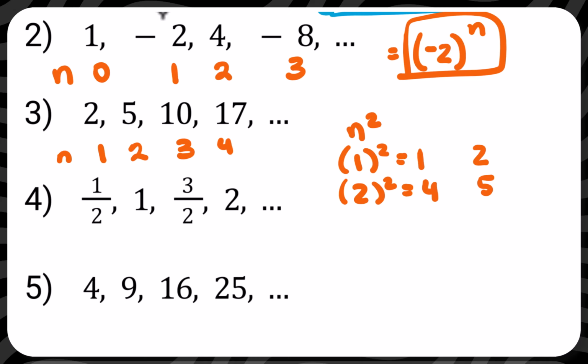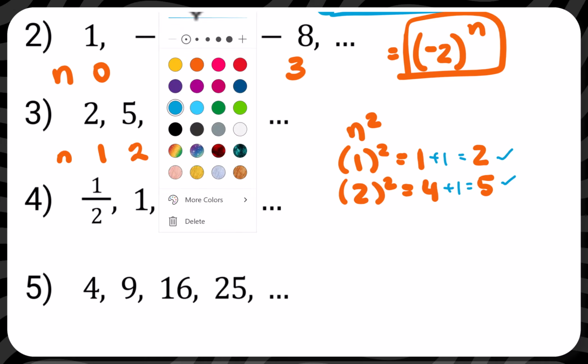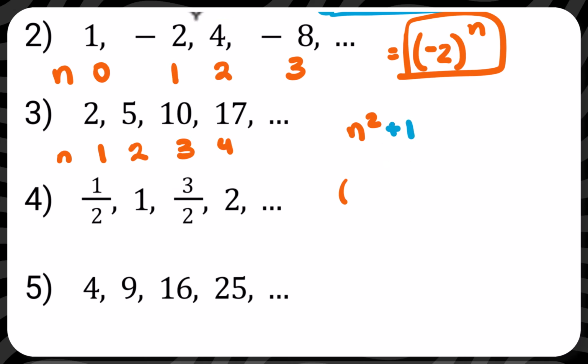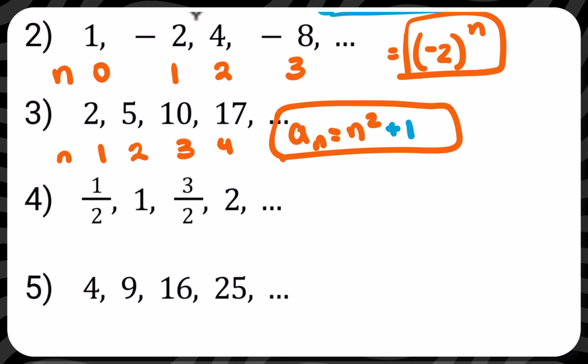So what can I do to the 1 and the 4 to make a 2 and a 5? We're just going to adjust it. We're going to add 1 here and add a 1 here. And then now we get what we want. So if I square the number, I'm 1 less than where I need to be. So I'm going to adjust my rule. I'm just going to add 1 to that to make everything fit. So final answer is going to be n squared plus 1.